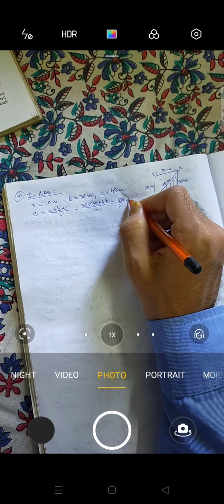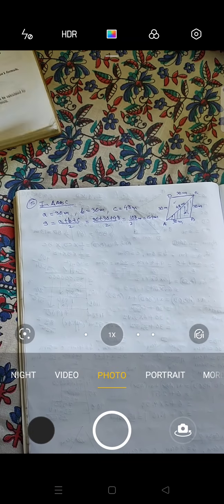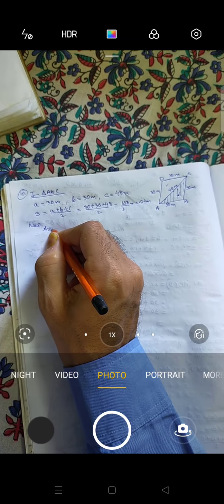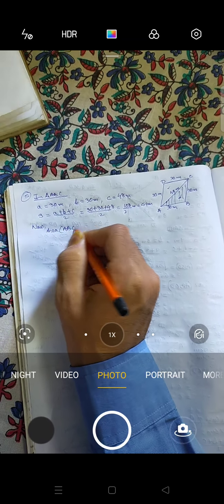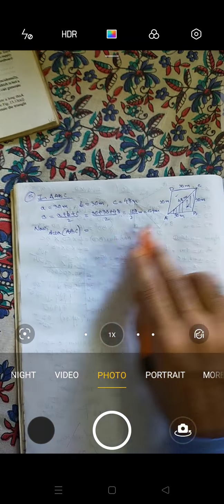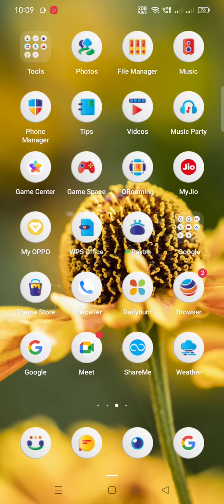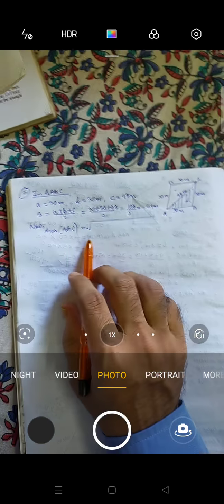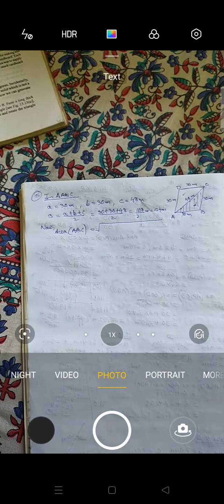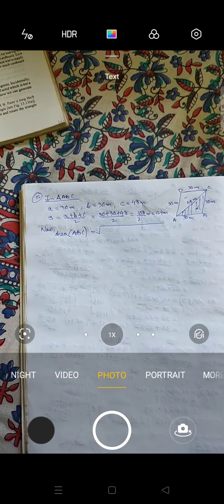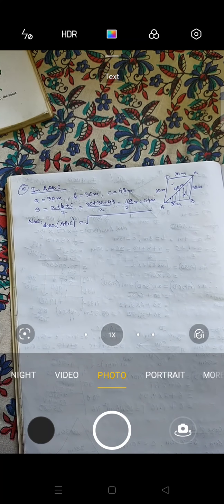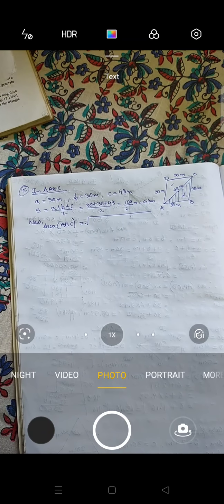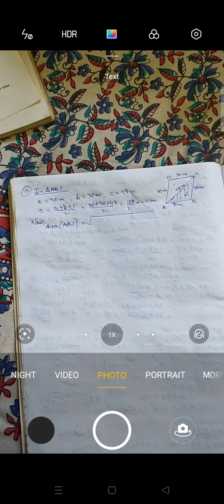Any doubt? Now we are finding the area of triangle ABC. Area of triangle ABC equals root over S into (S minus a) into (S minus b) into (S minus c).